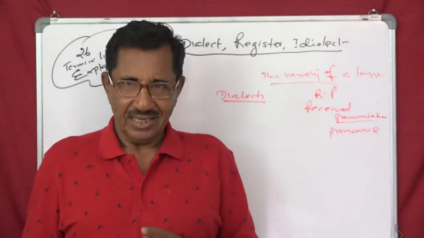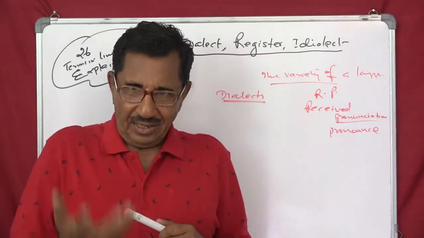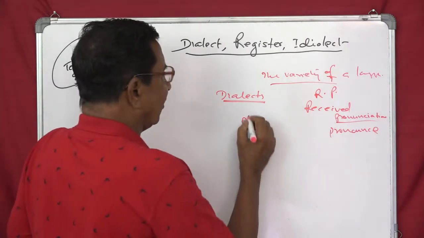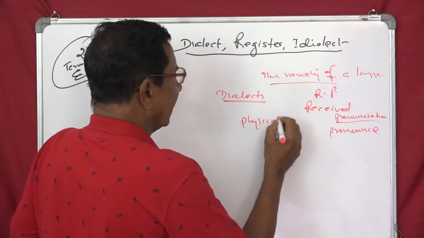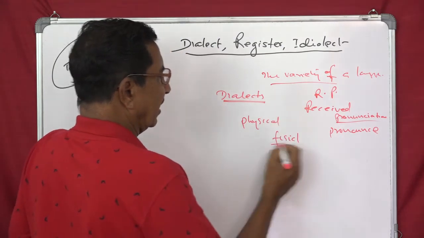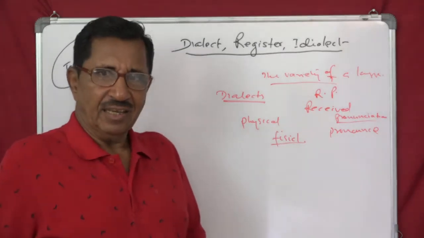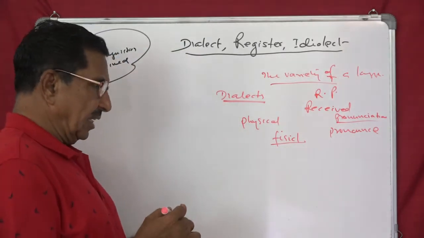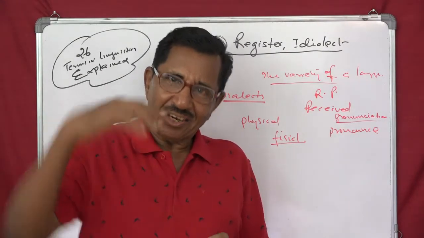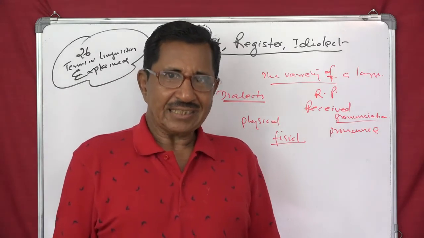And spelling also. For example, some varieties of English in India write the word physical with a different spelling. There are people who write like this. So that's one variety. And in pronunciation, you can see in some varieties the accent is at the end of the word, for example, in marketa.